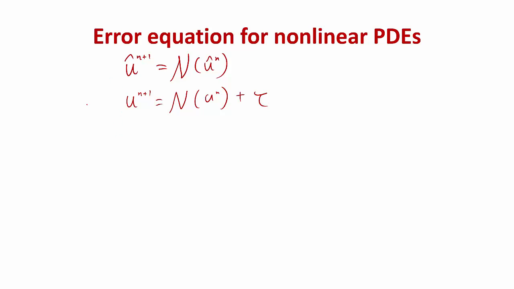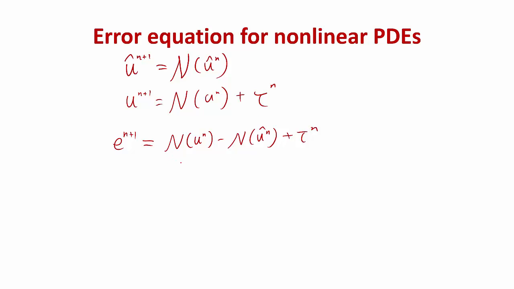If you subtract these two equations, the left-hand side becomes e of n plus 1. And the right-hand side becomes the nonlinear operator operated on the analytical solution minus the nonlinear operator operated on the numerical solution plus tau of n.